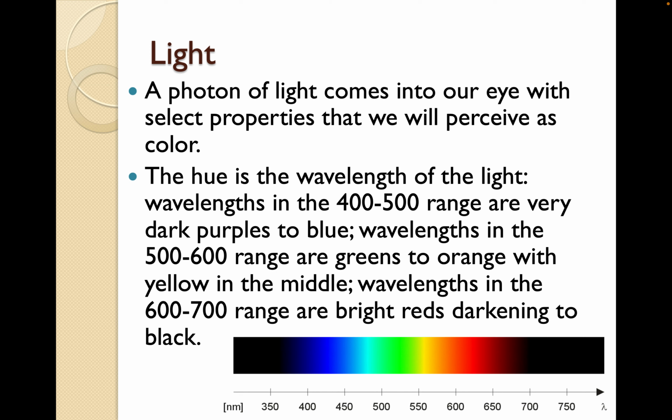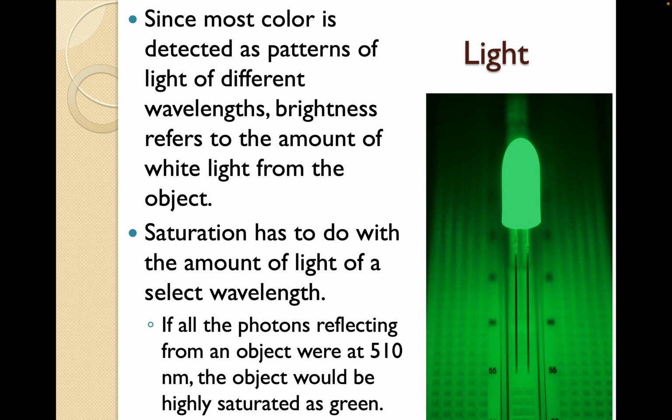A photon of light comes into our eyes with select properties that we will perceive as color. The hue is the wavelength of the light. Wavelengths in the 400 to 500 range are very dark purples to blue. Wavelengths in the 500 to 600 range are greens to orange with yellow in the middle. Wavelengths in the 600 to 700 range are bright reds darkening to black. Since most color is detected as patterns of light of different wavelengths, brightness refers to the amount of white light from the object.